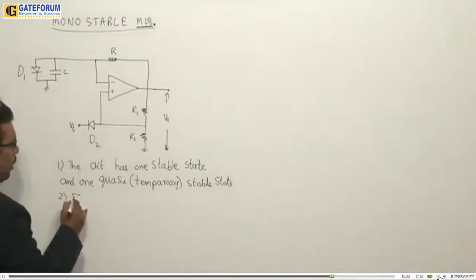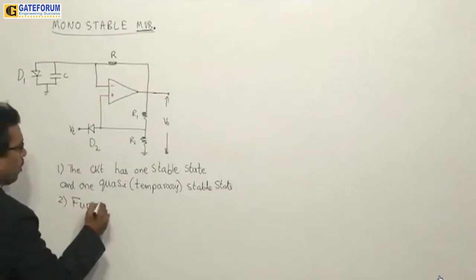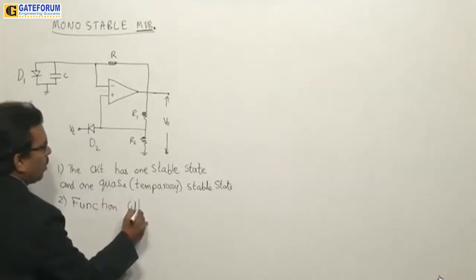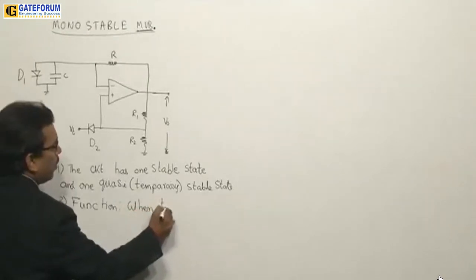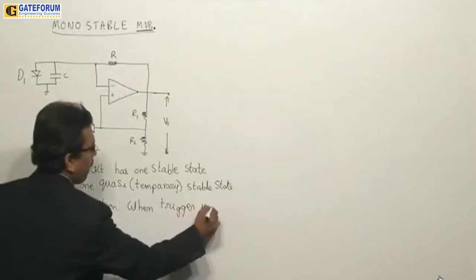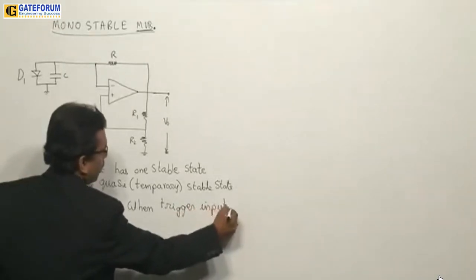and the operation or functioning of the circuit will be like this. That is the function when trigger input is given.